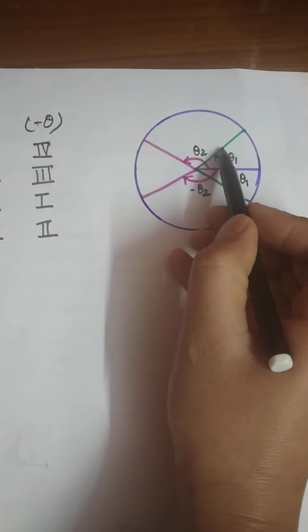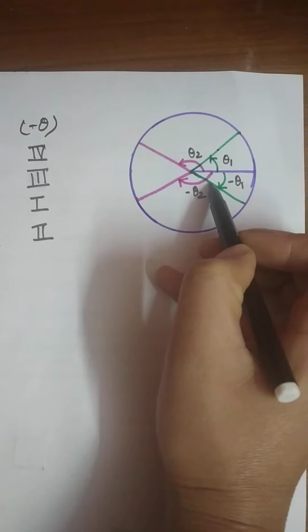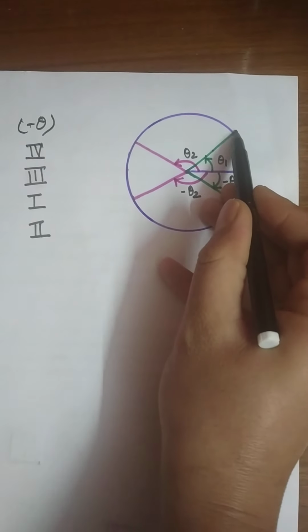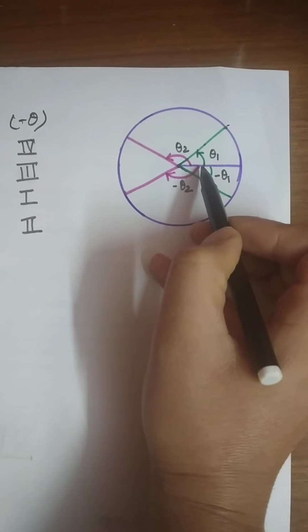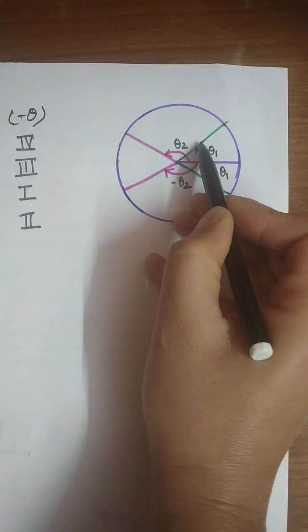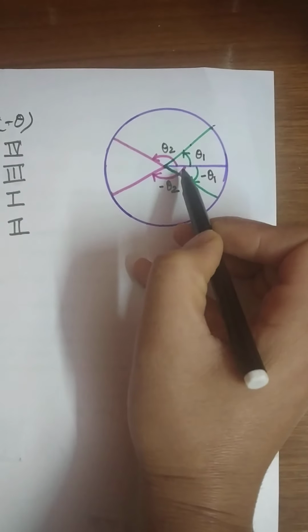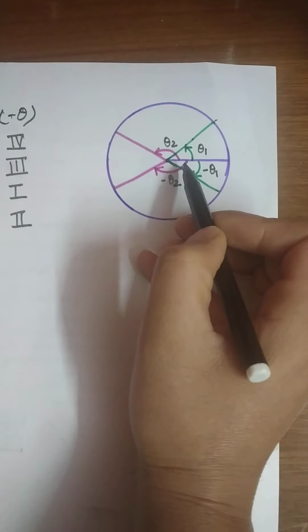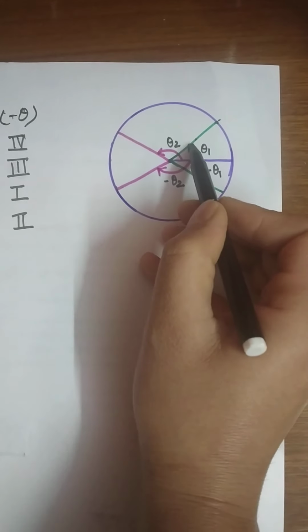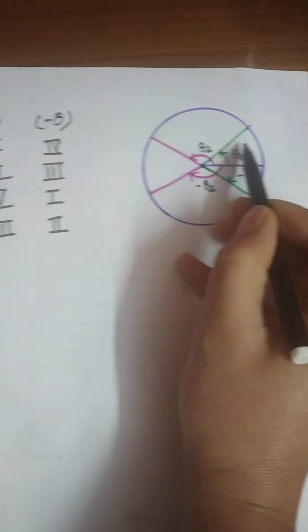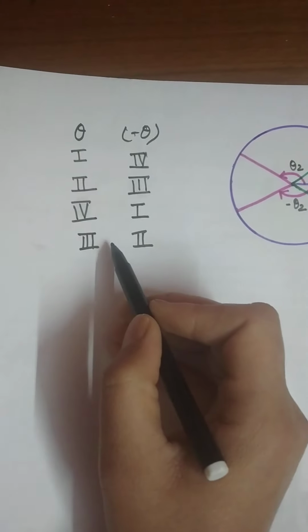If suppose this angle is minus theta 3, means this is the terminal ray and it has come all the way from here till here. Okay, then if this reflex angle is minus theta 2, then positive theta 2 will be till here. Again, they will be in fourth and first.